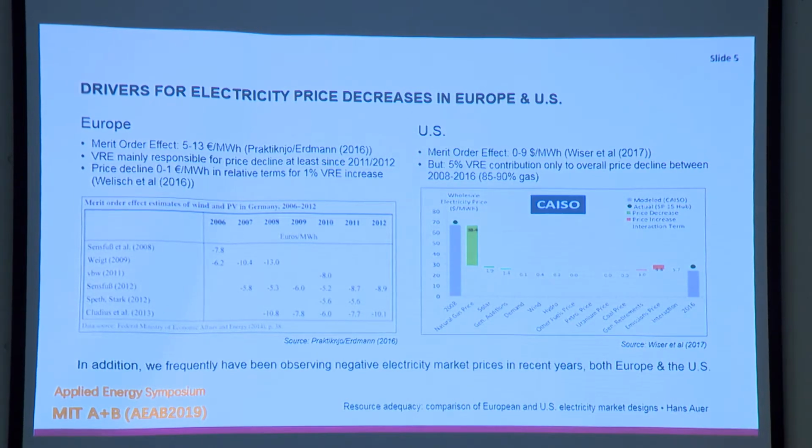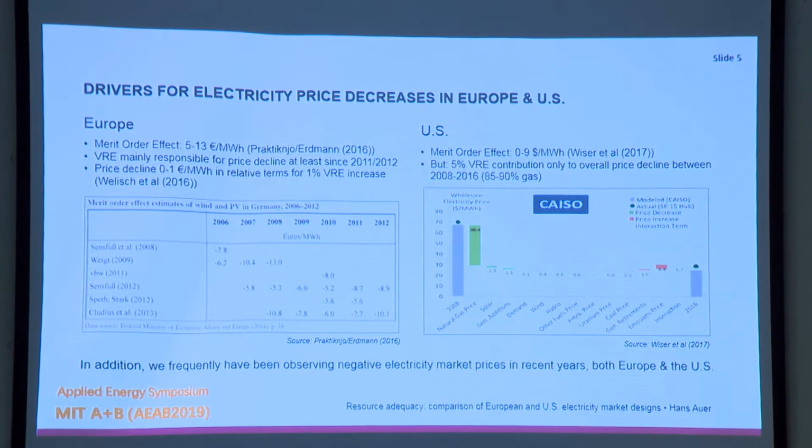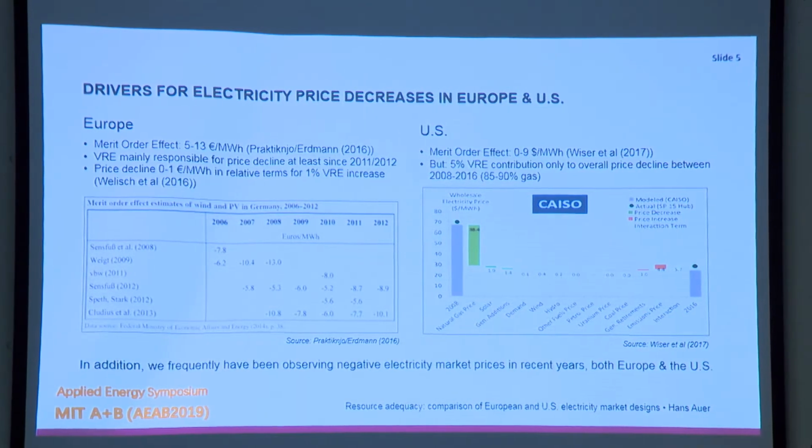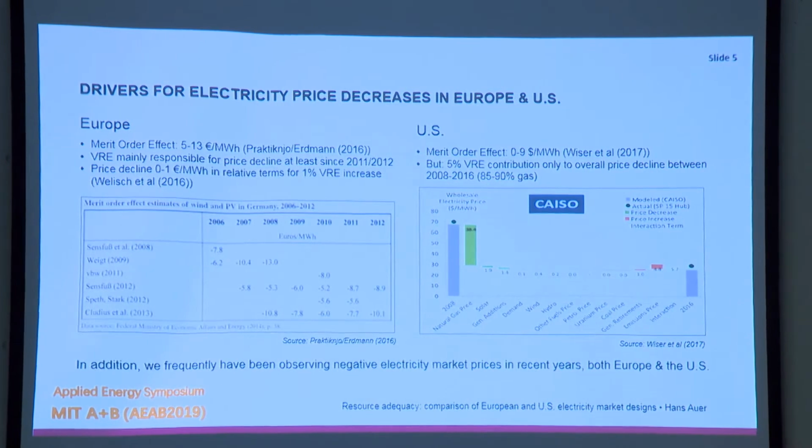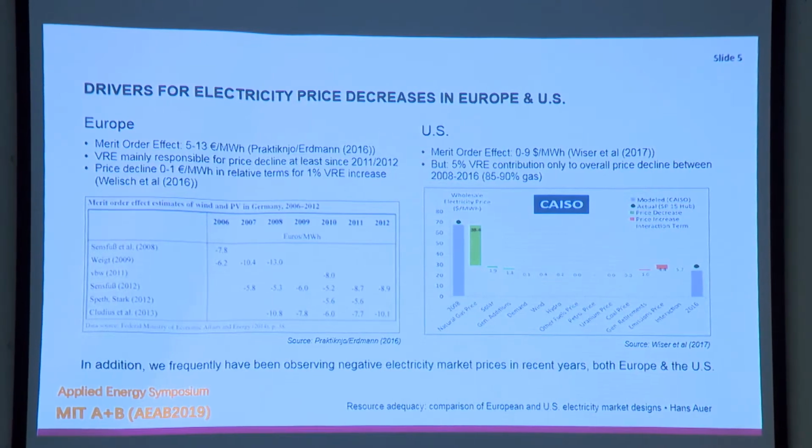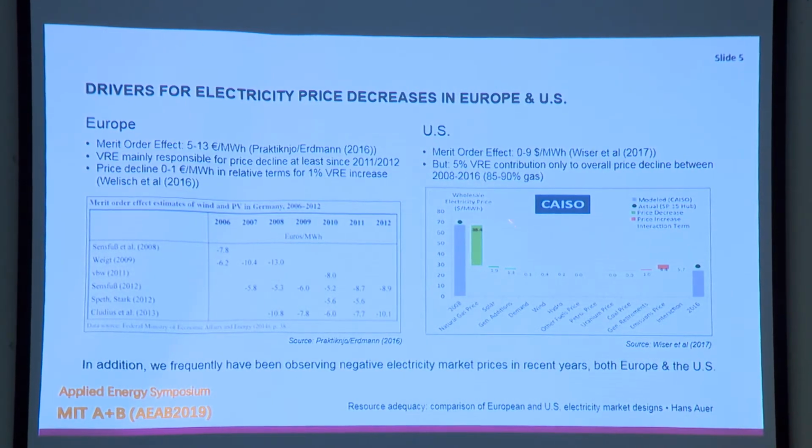It was between 5 and 13 euros per megawatt hour in the different studies, and it was significant that the variable renewables, wind and PV, have been one of the main drivers for these wholesale price decreases. On the contrary to the US.